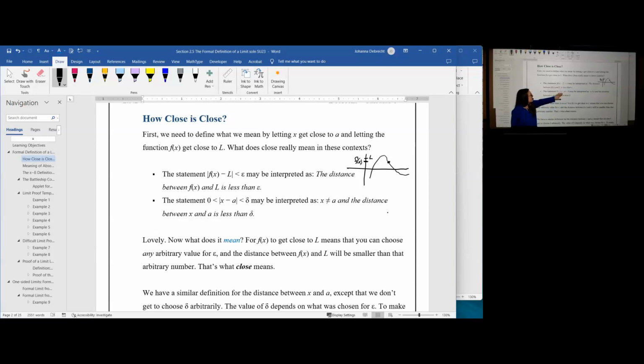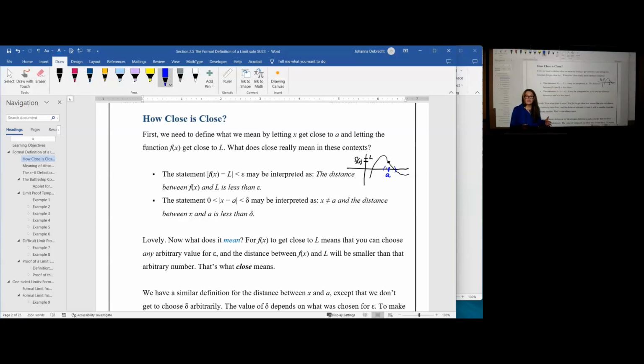Now let's look at this next statement down here. 0 less than the absolute value of x minus A less than delta. This is the Greek letter delta, the lowercase letter. Again, when we write this, we mean that we have some a value. And on our graph, I'll put a down here. It's on the x-axis, right? And x can be somewhere around a, not at a, but around a.